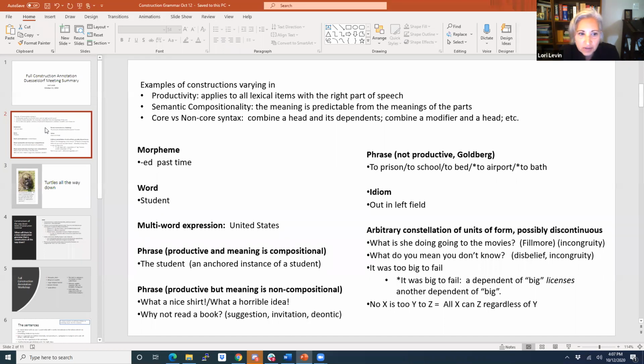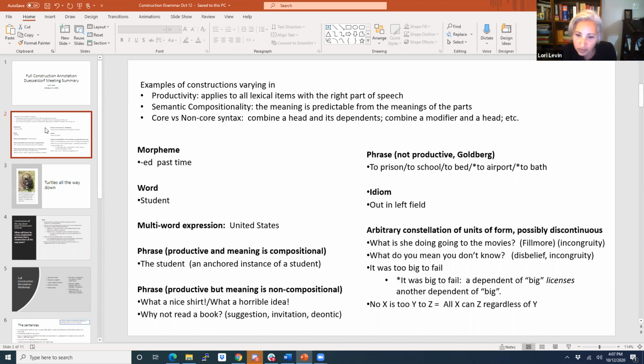And then there's an issue of core versus non-core syntax. Putting together a determiner and a noun is part of core syntax. Putting together a subject and a verb, like the student yawned, is also part of core syntax. Putting together a verb and an object, like write the book, is also part of core syntax.